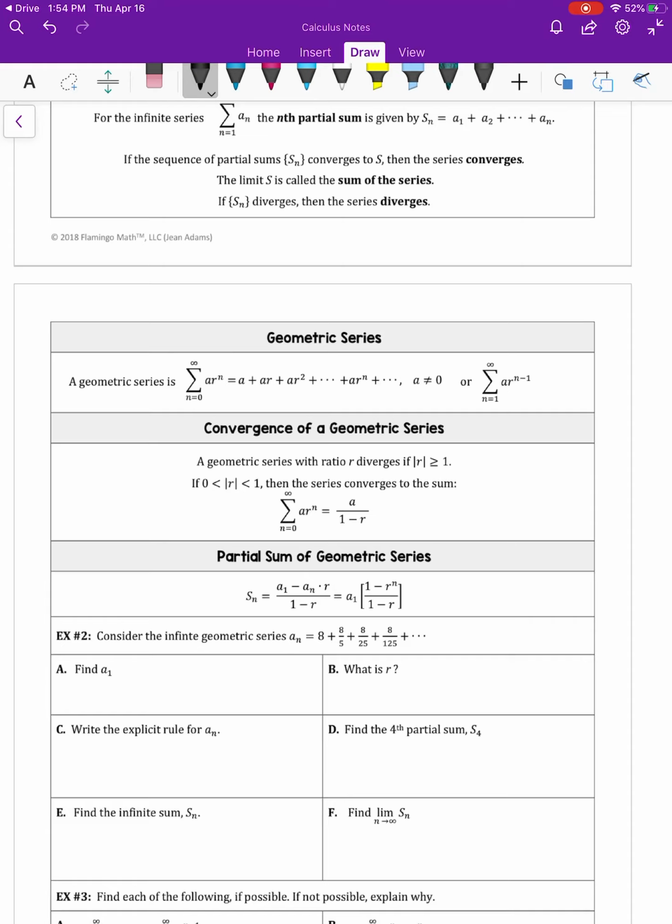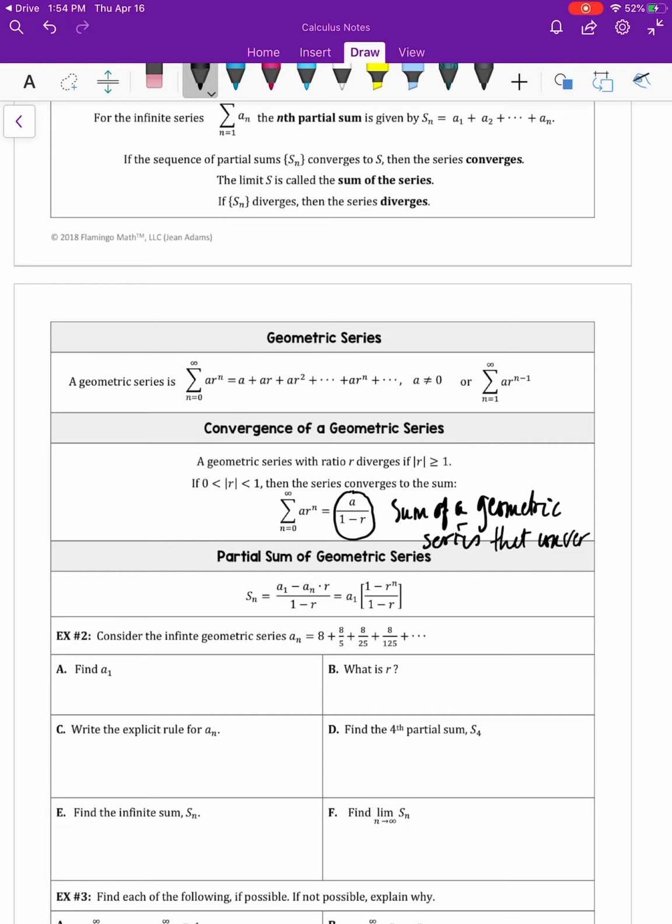Convergence of a geometric series. A geometric series with ratio r diverges if the absolute value of r is greater than or equal to 1. If the absolute value of r lies between 0 and 1, then the series converges to the sum a over 1 minus r. So you do have to remember this.